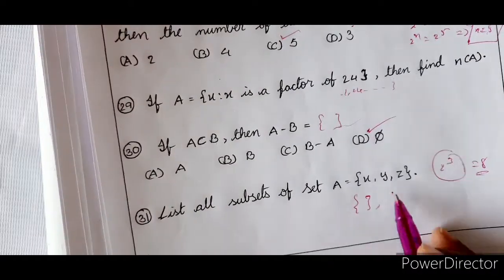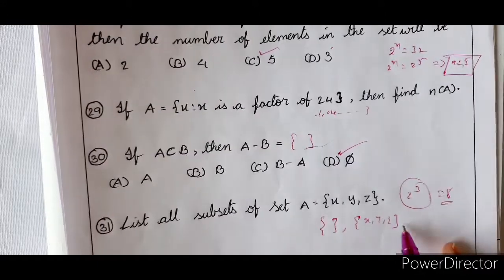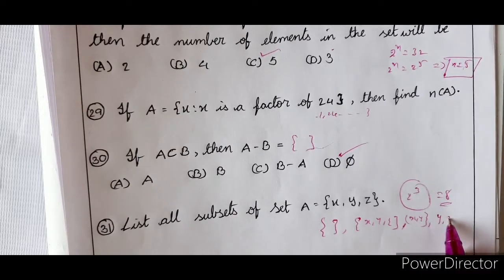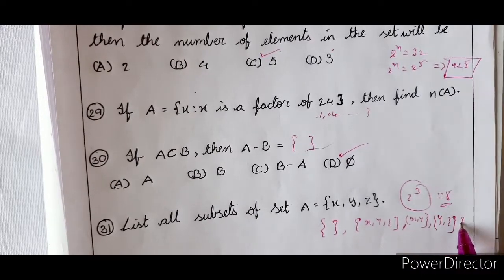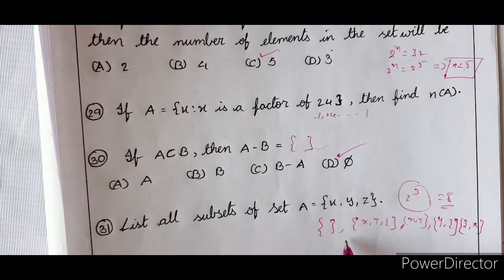Because I already lost all the patience in finding the subsets in the previous problem. X, Y, Y, Z, ZX, right?